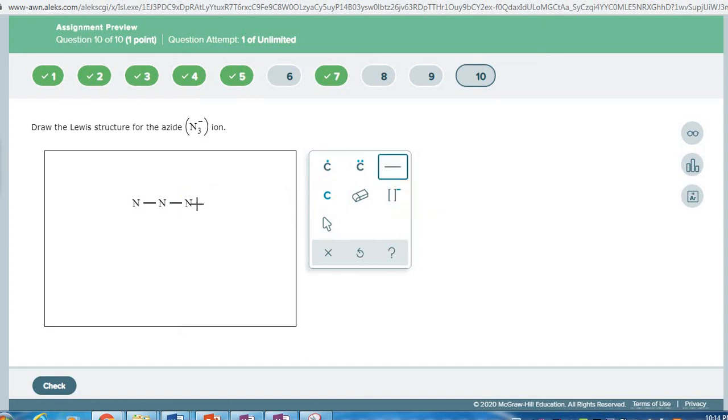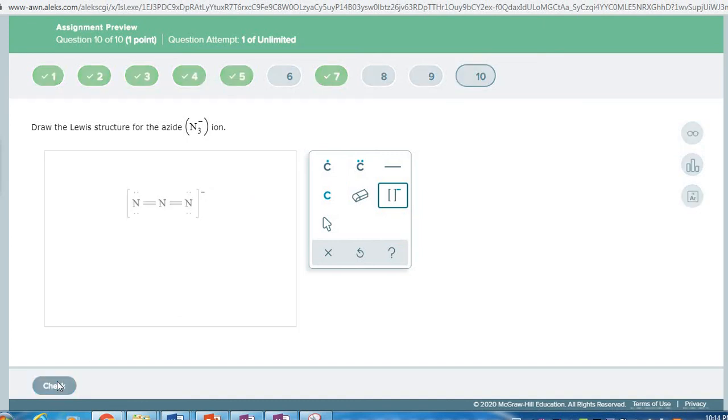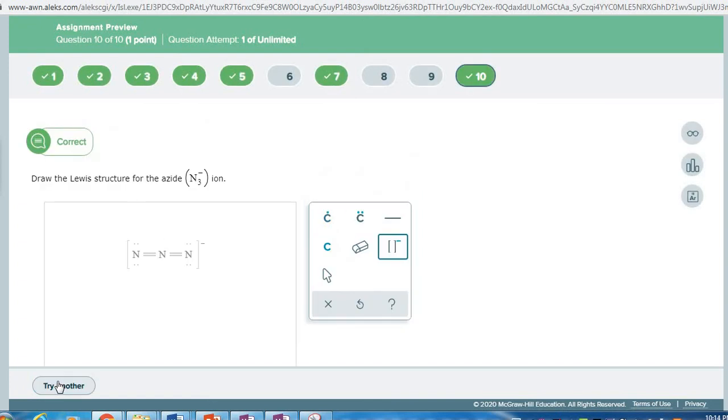If you remember, we had these as double bonds. And then we have lone pairs, 2 over here and 2 over here. This then is going to be put into brackets. It's going to be a minus charge. So this, my friends, is the azide ion correct Lewis dot structure.